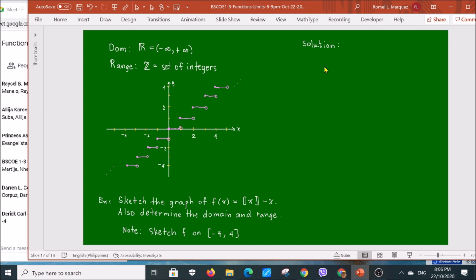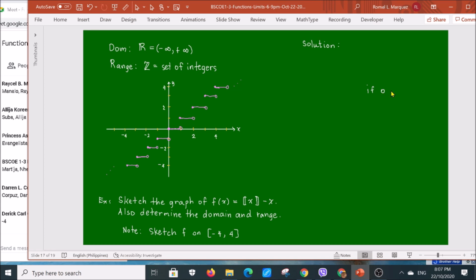1, 2, 3, 4. Mga 4, no? Let's say this is the middle number. If x is between, so there is an interval. Let's start with 0.